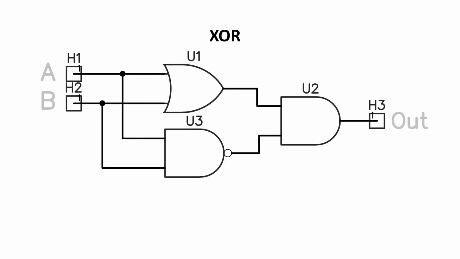This is an XOR. You'd have to use an OR gate, an AND gate, and an AND gate just to perform the same function as an XOR. So if A and B are off, you get a 0 out. If A or B is on, you get a 1 out. And if A and B are on, you get a 0 out again. So you just want to know if one of them's on.